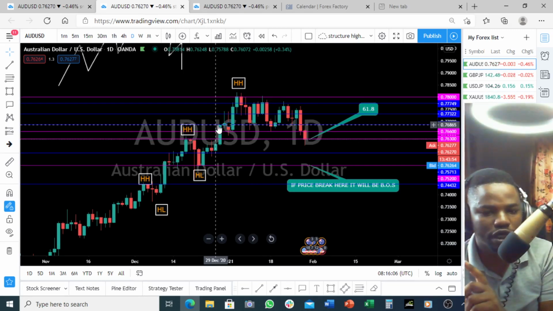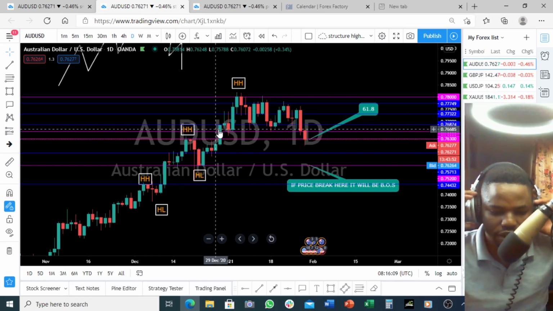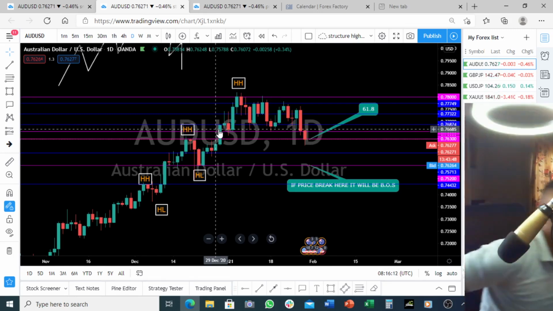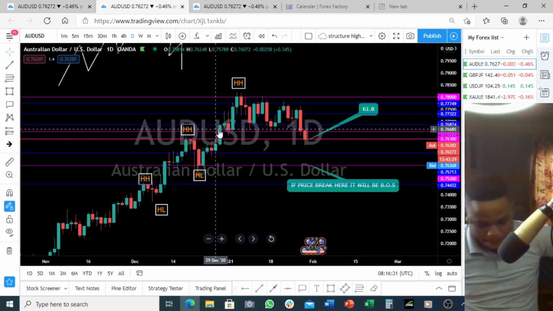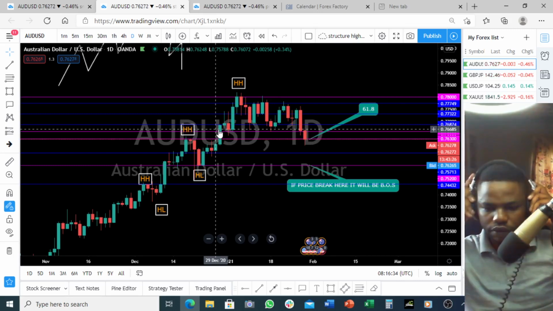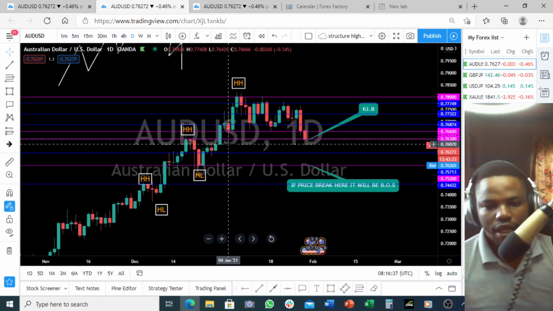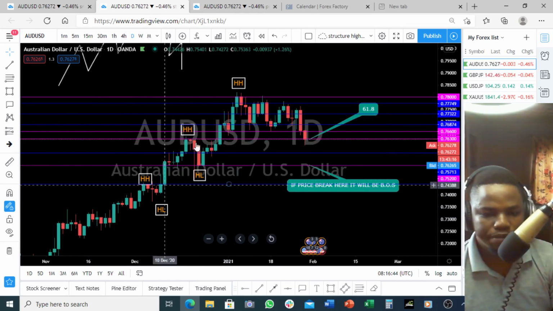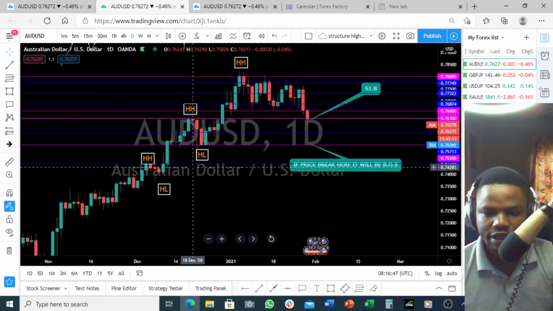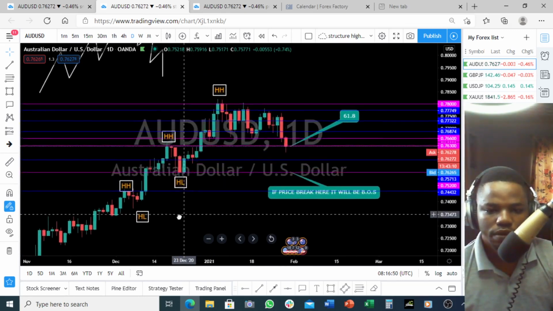This is an uptrend move because of structure. Before you can identify this as an uptrend, structure should tell you that this is an uptrend. So what did I see here?